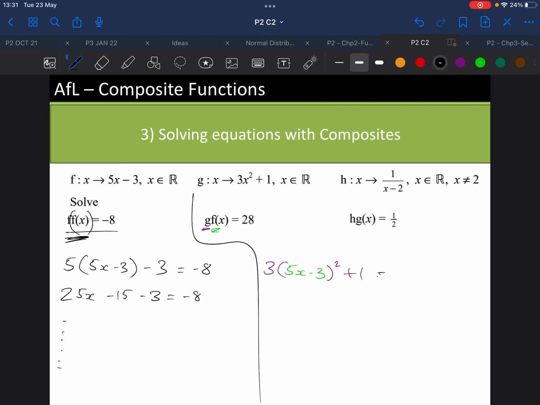And I'll set it all equal to 28. Okay, make sure you square that bracket first. So it's 3 lots of 25x squared minus 30x plus 9. Like this. Okay, and that's going to be a quadratic.